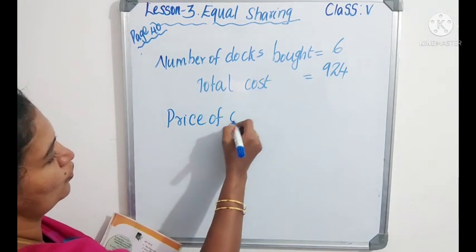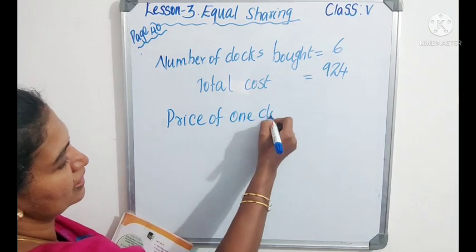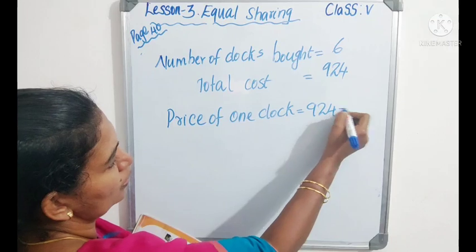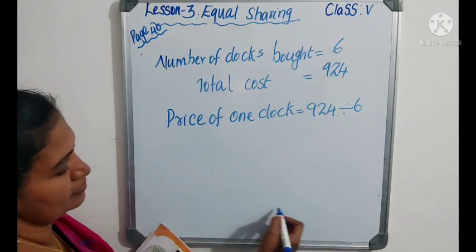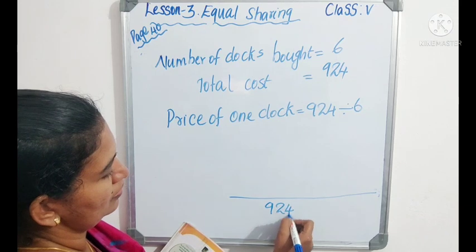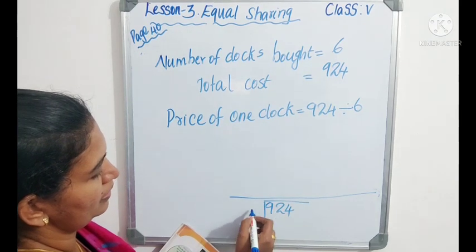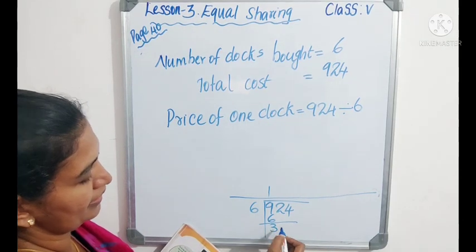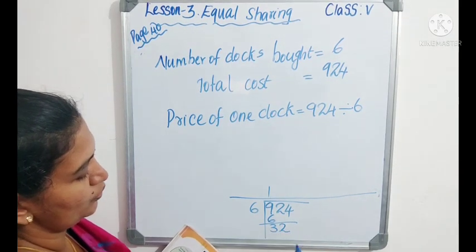Price of 1 clock is equal to 924 divided by 6. 9 divided by 6 is 1. Then subtract 3. Again 2.